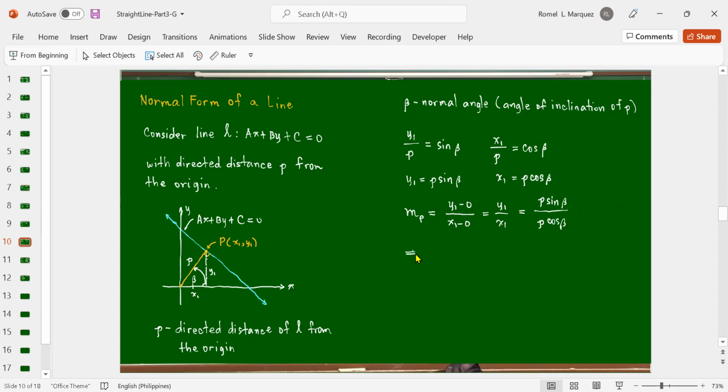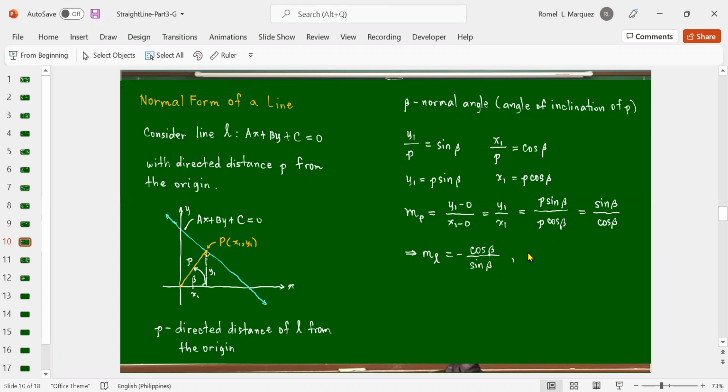Therefore, what is the slope of the line L? The negative reciprocal of this. This is sine beta over cosine beta, or tangent beta. So the negative reciprocal of that is negative cosine beta over sine beta. So that's the slope.